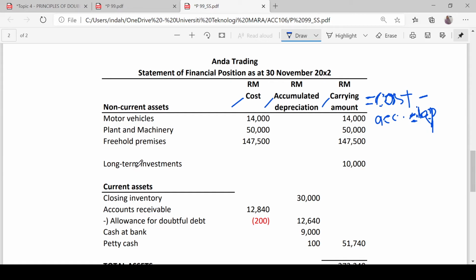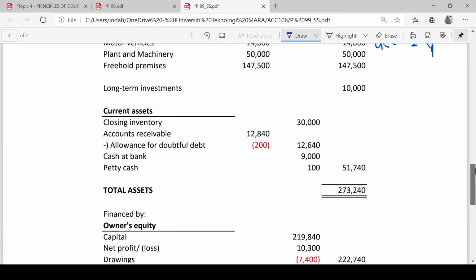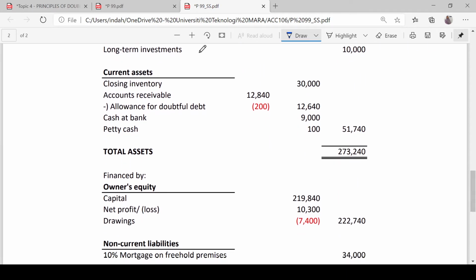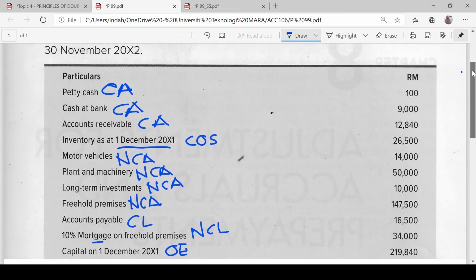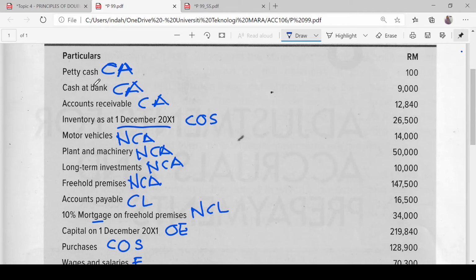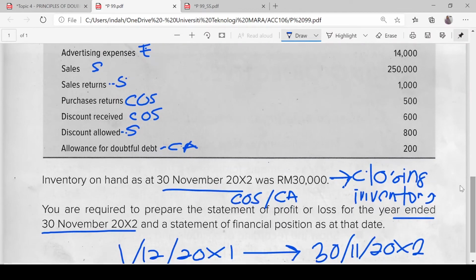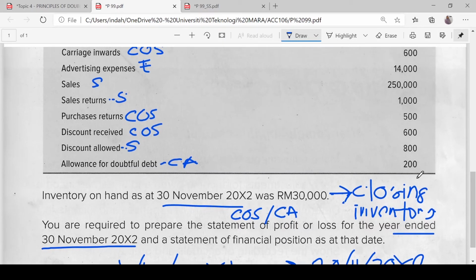So long-term investment will be shown in the last column, the third column. And then we have current asset. We have identified a few items: petty cash, cash at bank, account receivable, and closing inventory, and one item related to account receivable, which is allowance for doubtful debt.